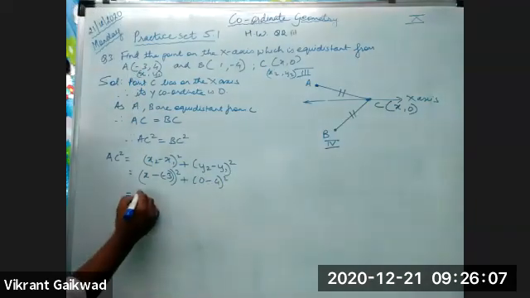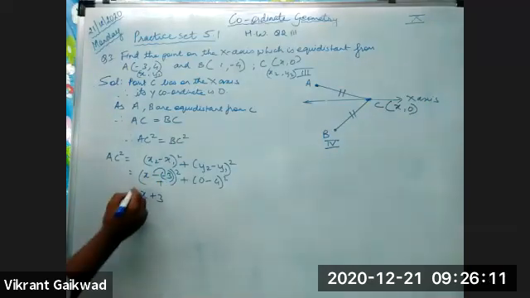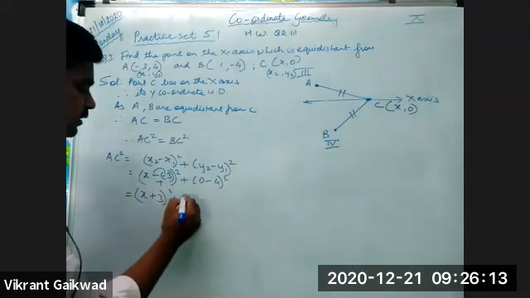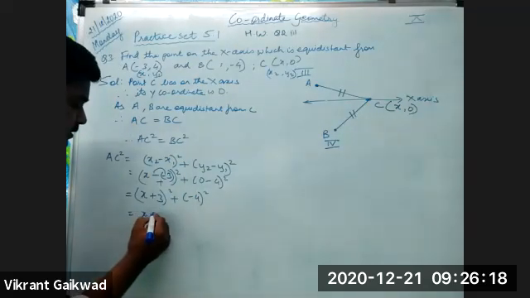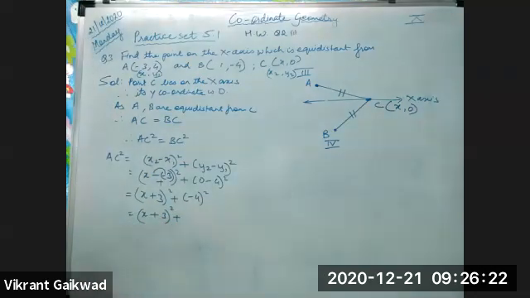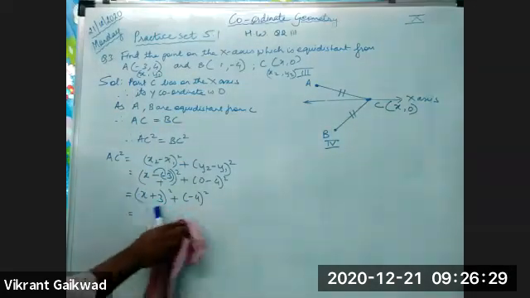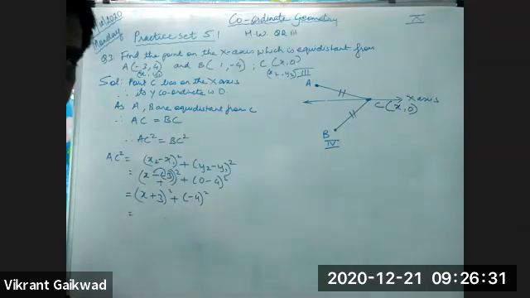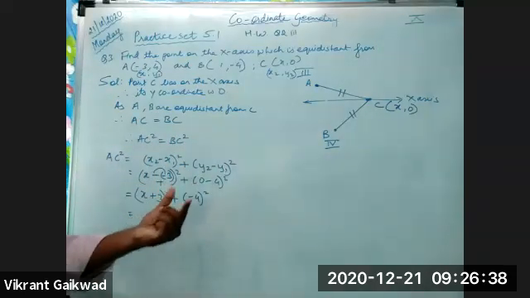So we'll get that as x plus 3. This minus and minus will become plus. So x plus 3 the whole square plus minus 4 square. We'll just open up the bracket. Now x plus 3 is in the form of a plus b the whole square.